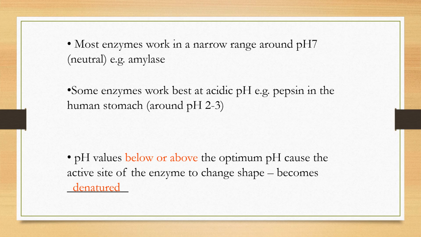We know the human stomach contains hydrochloric acid, so its optimum and working range of pHs is around 2 to 3. pH values below or above the optimum pH can cause the active site of enzymes to change shape, because the extreme acid or alkaline conditions cause the bonds to break in the protein, which causes the active site to change shape, and then the active site can no longer fit with the substrate because it's no longer complementary. So then the enzyme is said to be denatured.